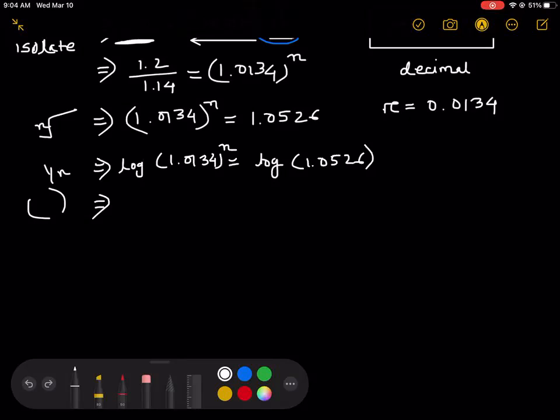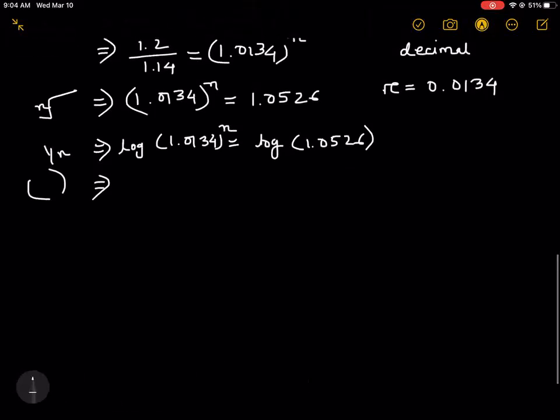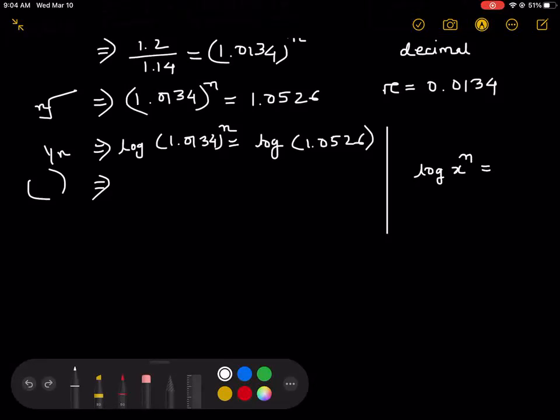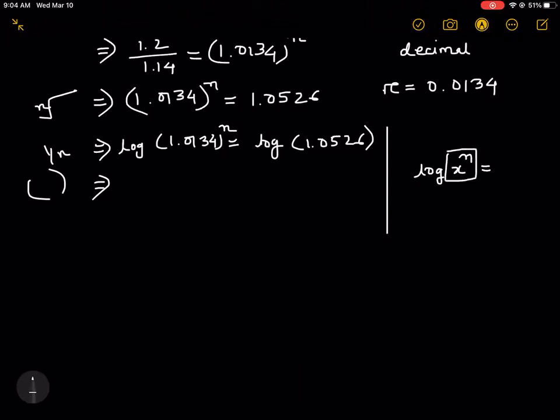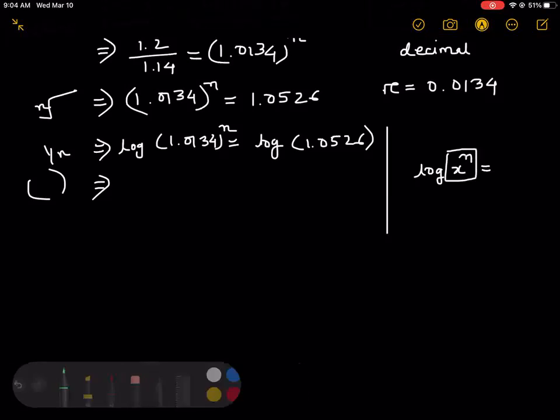Okay, no problems. We know one property of logarithm, which looks like this. It has to be x and n always, but it is of the same format. Whenever you have a logarithm in front of an exponential, you can write this exponent in front.